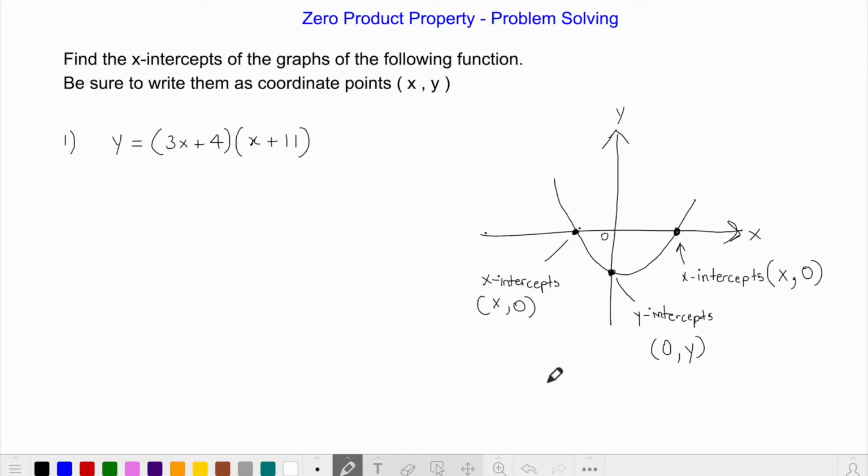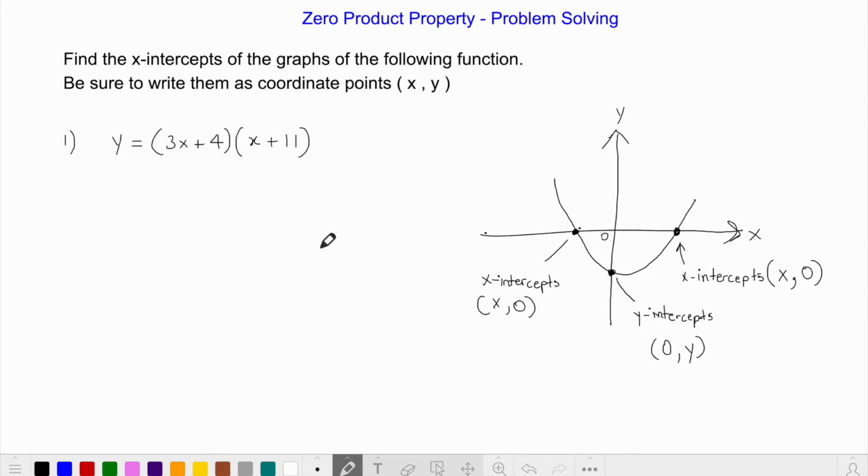For your side note, x-intercepts are located on the x-axis because the graph cuts the x-axis, and y-intercepts are located on the y-axis because the graph cuts the y-axis. So at x-intercepts, the y value is 0 but there is an x value, and at y-intercepts, we do not have an x value, however, we have a y value.